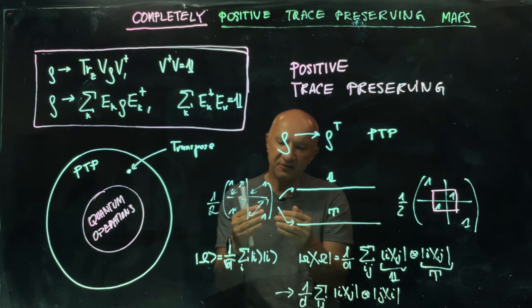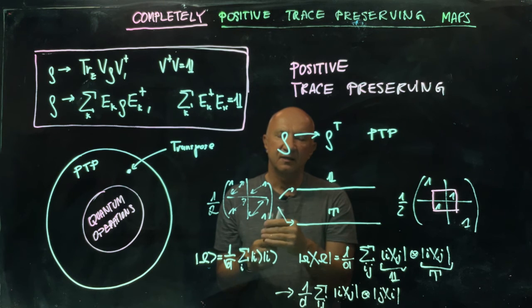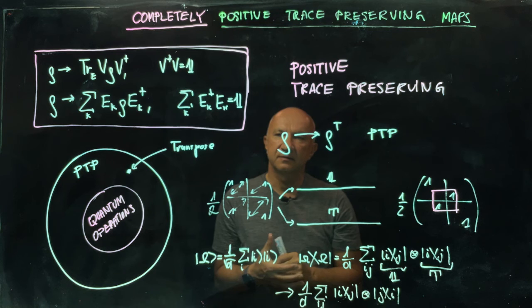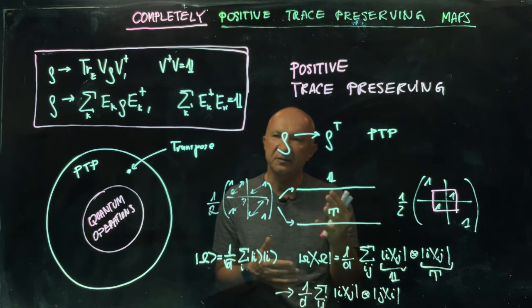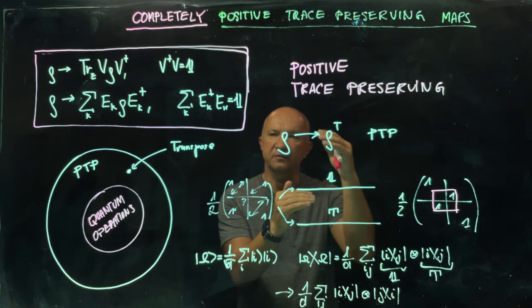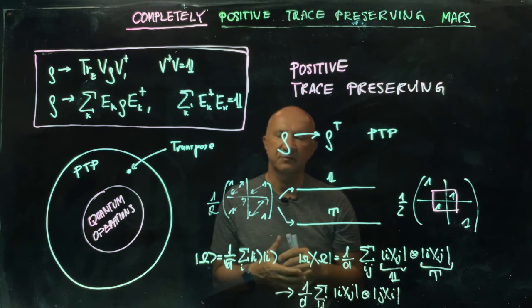But as long as we have another reference system and we get the two systems entangled, this partial transpose is not a physically admissible operation. So we require that such extensions are always physically admissible, so that not only the operation itself is positive, but any extension of this operation, tensoring with identity on any other subsystem, should also be a physically admissible operation.